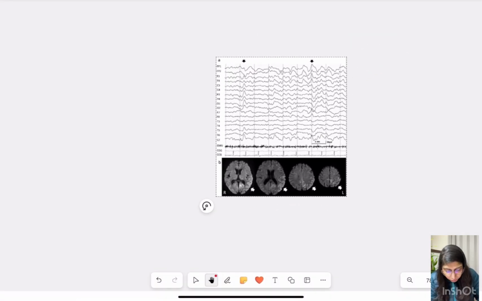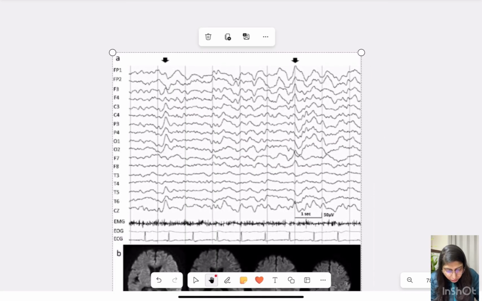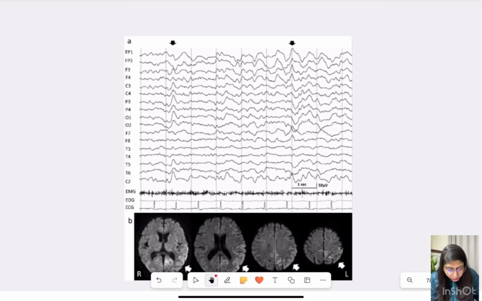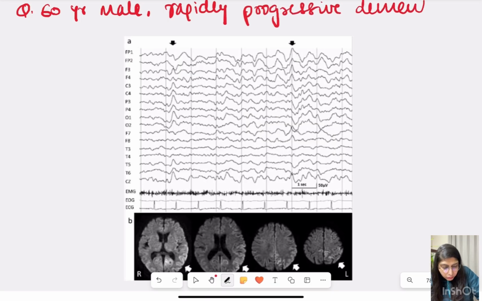Now this we have already learned about in our Prion disease chapter. I think you must remember this now. In this, the question will go something like a 60-year-old male with rapidly progressive dementia, with or without, so plus minus, myoclonic jerks.